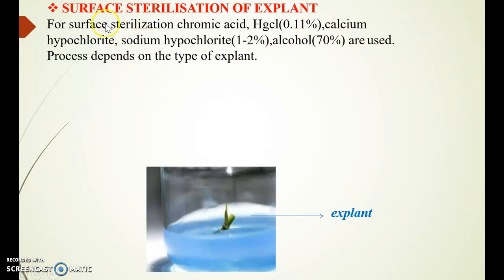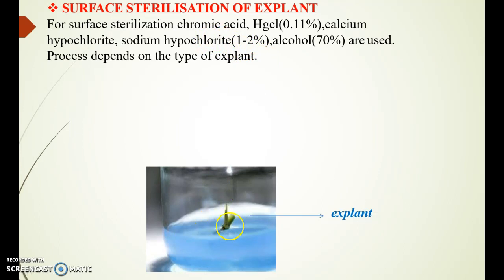In the procedure of surface sterilization, after preparation the explant is first treated with alcohol and then washed with water. Then it is transferred to sodium hypochlorite, again cleaned with sterile water, and then inoculated on the media.